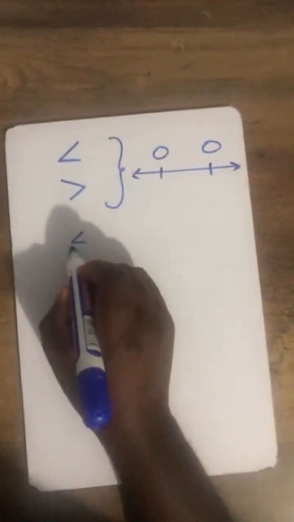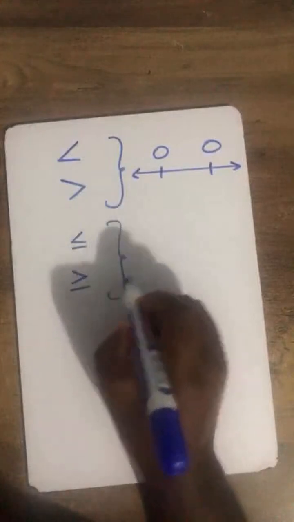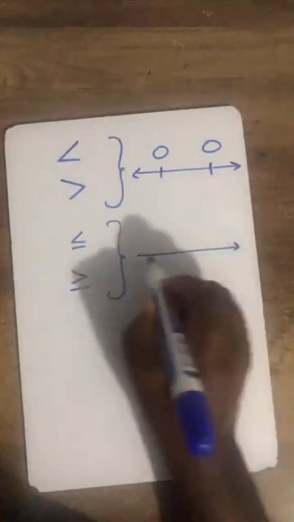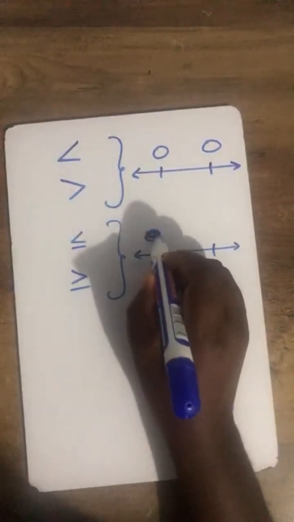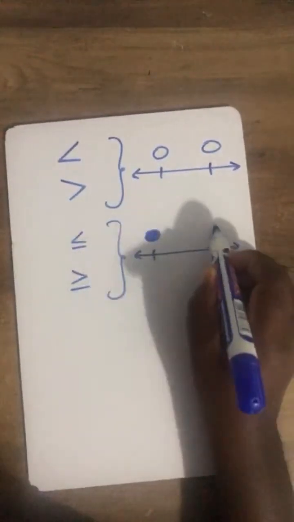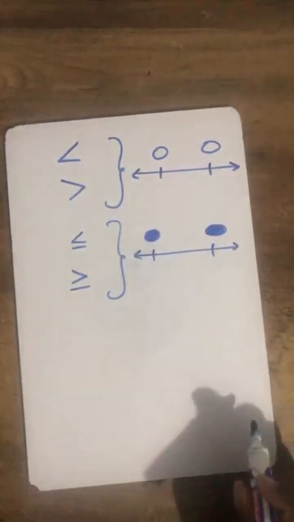But in a situation where you have less or equal to, greater or equal to, this is where on your number line you have a circle which is shaded.